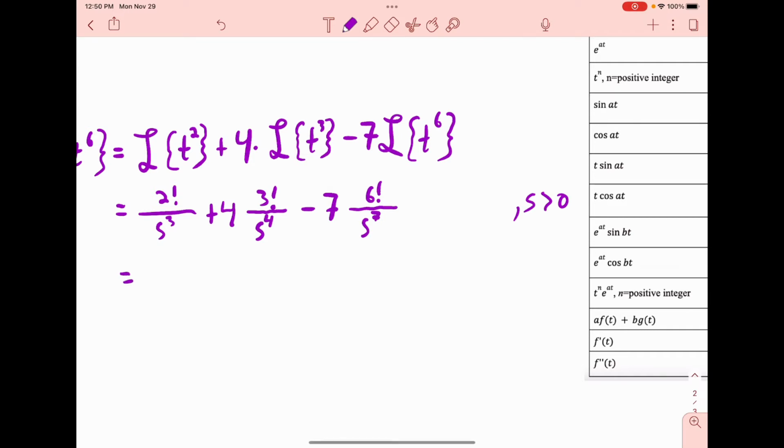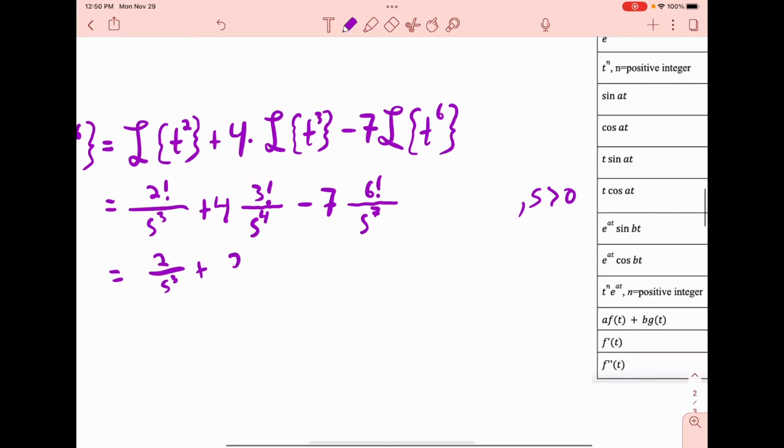So we get here 2 factorial is just a 2 over s cubed, plus 3 factorial is 6, and we can multiply that by the 4 that is in the front. 6 times 4 is 24 over s to the 4. And then finally, 6 factorial, well, we have to be a little bit careful there. It's 6 times 5 times 4 times 3 times 2 times 1. You, of course, can work that out on a calculator, or you can do it in your head if you wish.